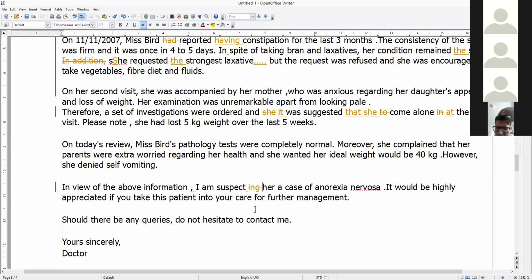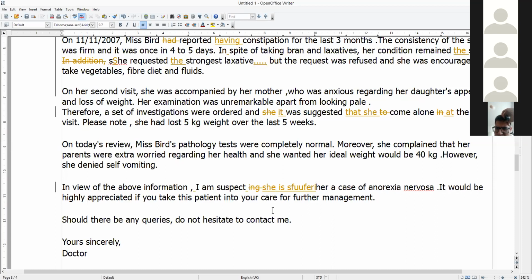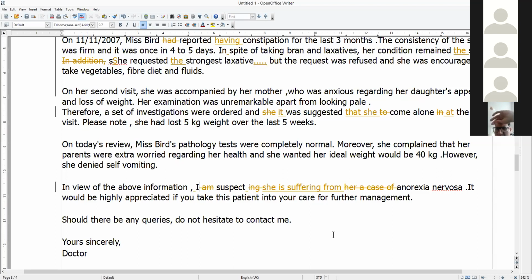I suspect she, I don't know her, I suspect she has a case, or she is suffering from. You don't need to say a case of, you can just say that. I suspect, not I am suspecting, I suspect she is suffering from anorexia nervosa.